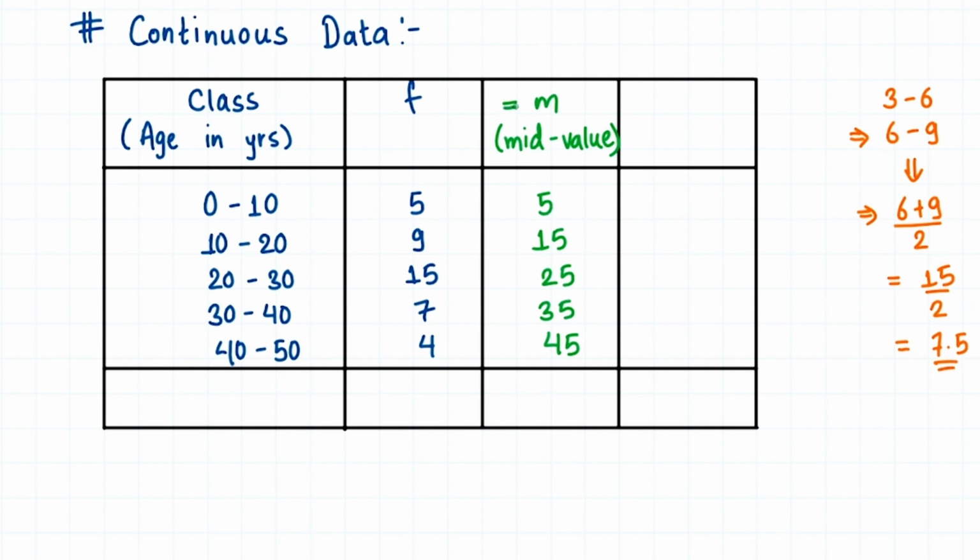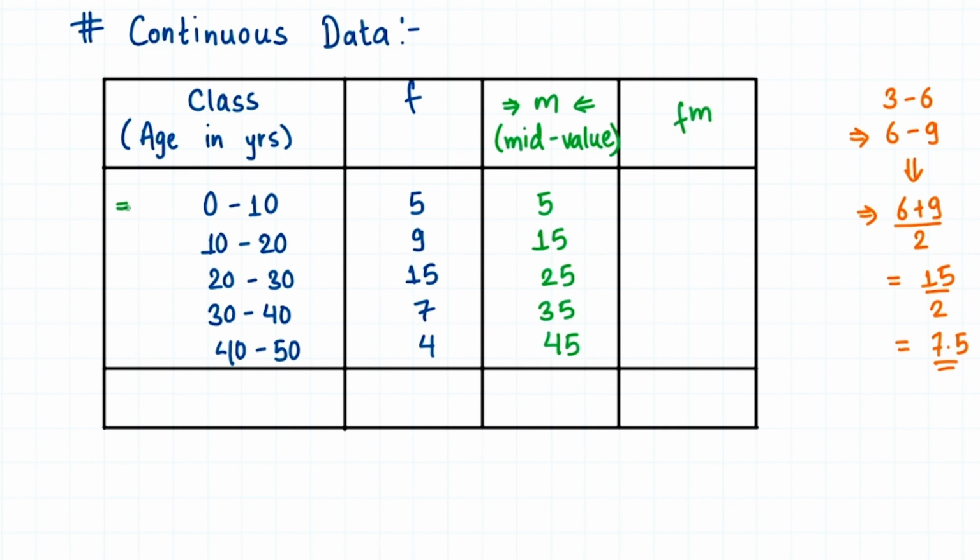Now that we have our mid value over here, we're going to treat this mid value as our x, okay? And we're going to multiply this f with our m. So in our previous data, we multiplied our f with our x, but here instead of x, we have our m, right? So we are going to multiply this f and m, and we'll get our fm.